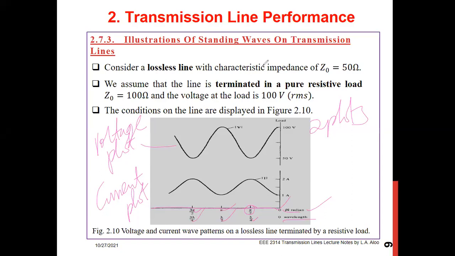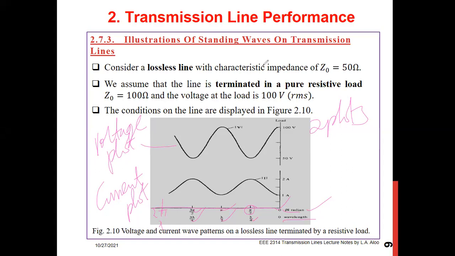And when we come here, we'll have 2 pi radians. 2 pi radians will correspond to 1 wavelength, or a full wavelength.